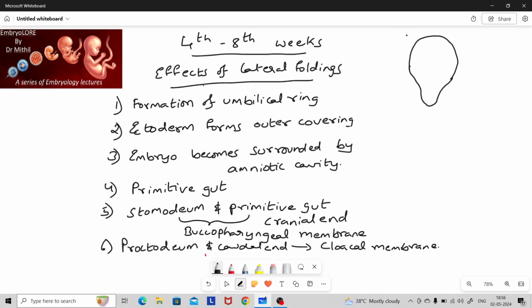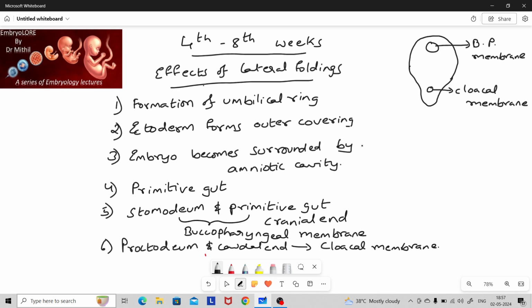Here this is the fold and this is the buccopharyngeal membrane, BP membrane, and at this end is the cloacal membrane.